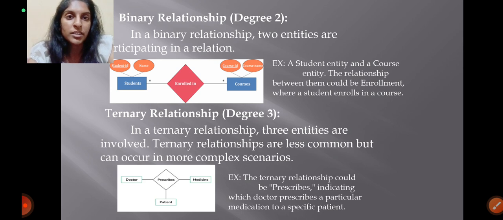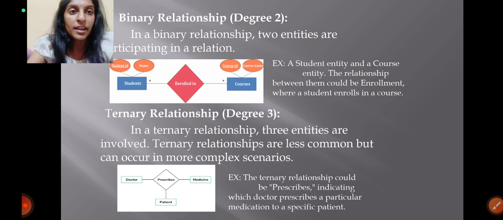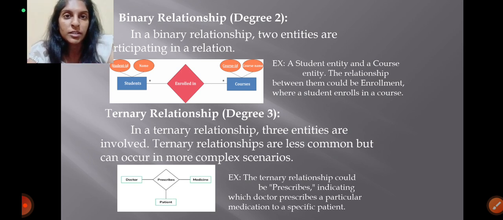Next, binary relationship. In a binary relationship, two entities are participating in a relation. Example: a student entity and a course entity. A relation between them could be enrollment, where a student enrolls in a course. Next, ternary relationship.